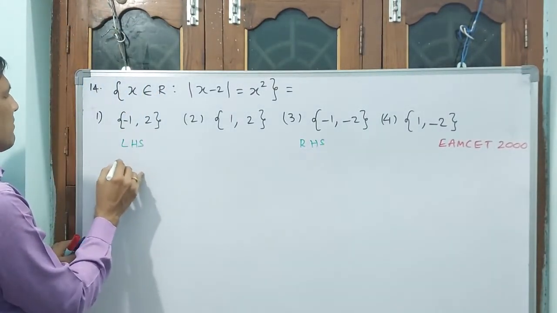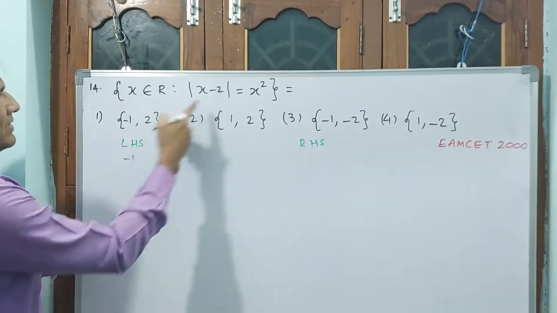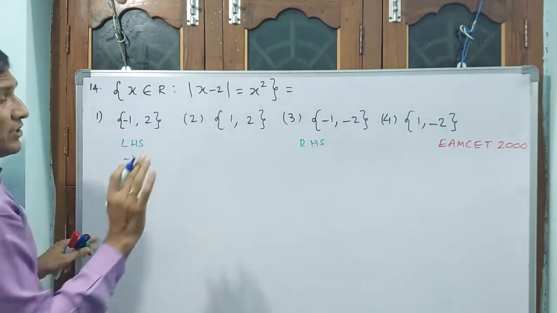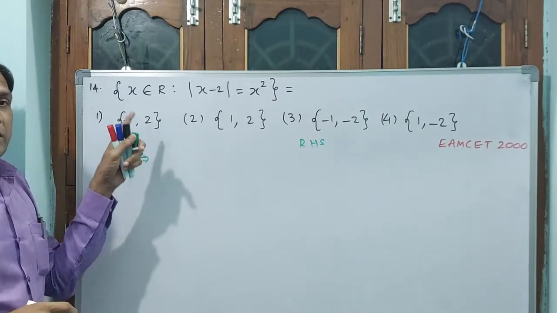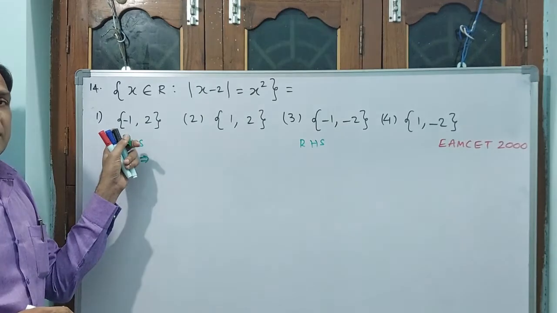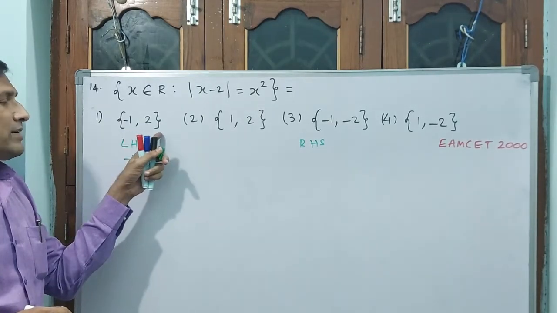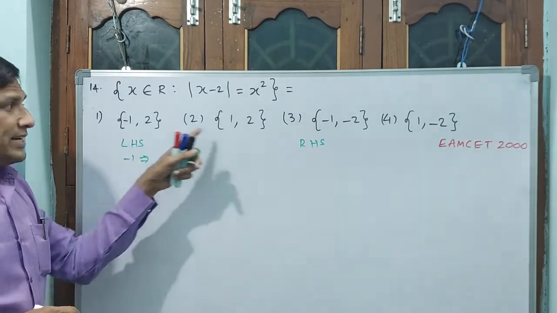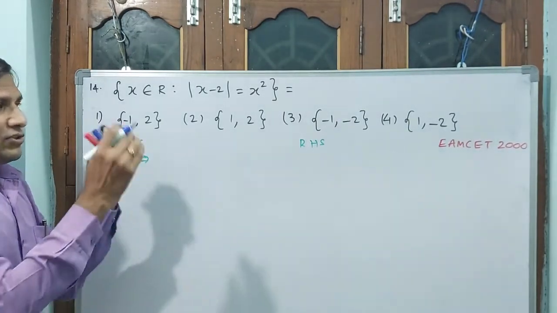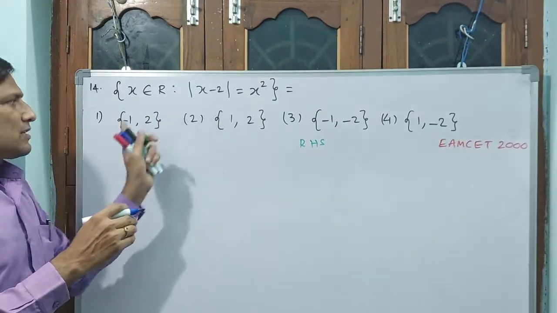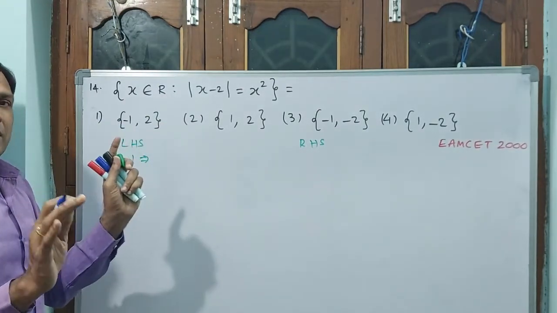If I take minus 1 for LHS... See, these are not closed intervals, these are sets. You see, what is the symbol here? This is called a brace. In a brace, these are set elements. Minus 1 to 2, all values we are not giving. We are going to give only minus 1 and 2, that's all. Why?